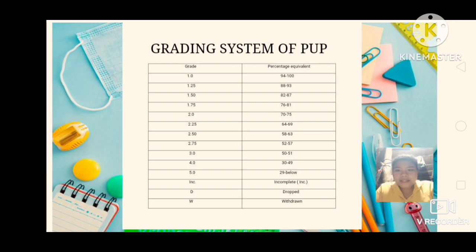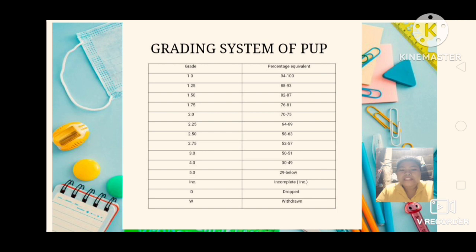According to this grading system of PUP, the lowest grade is 5.0, equivalent to 29 and below. INC means you have an incomplete grade. And we also have here the D grade or drop, and W, which is withdrawn. What you see on the screen is the grading system of PUP.